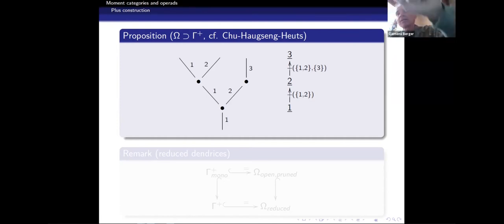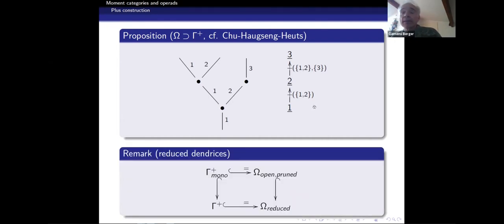So you go until the top with all leaves on top level. So this here shows you that the gamma plus construction, if you restrict to monomorphic active maps, gives you precisely the subcategory of open pruned dendrices.